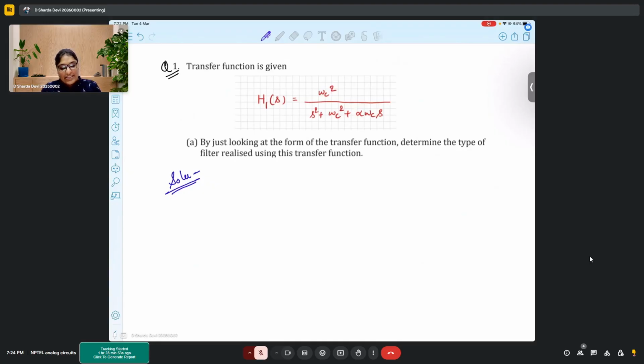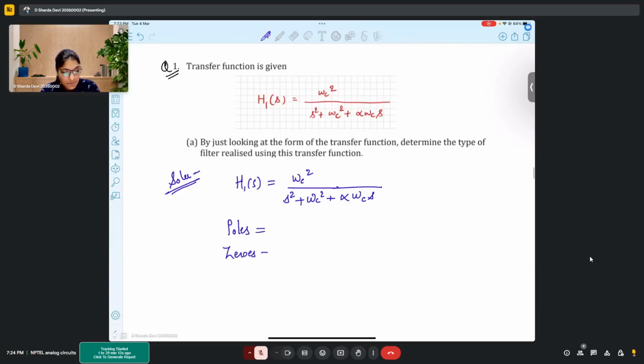Right? So just by looking at the transfer function, the first thing that we can do is tell me how many poles and zeros are available. By looking at the transfer function, how many poles and zeros do we have? Yes. How many poles? And how many zeros?